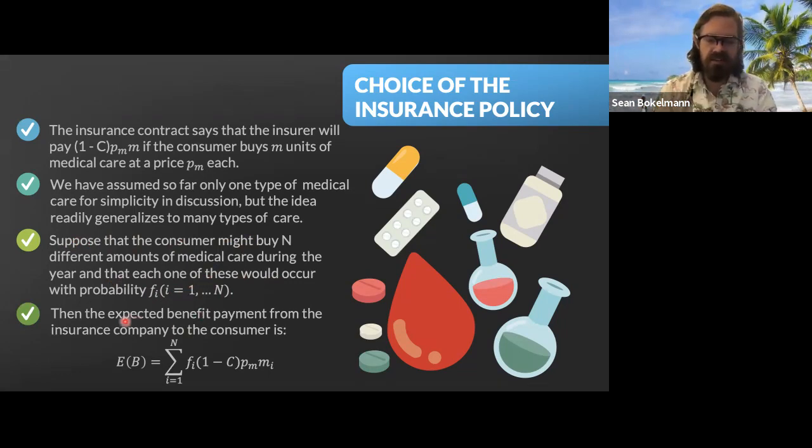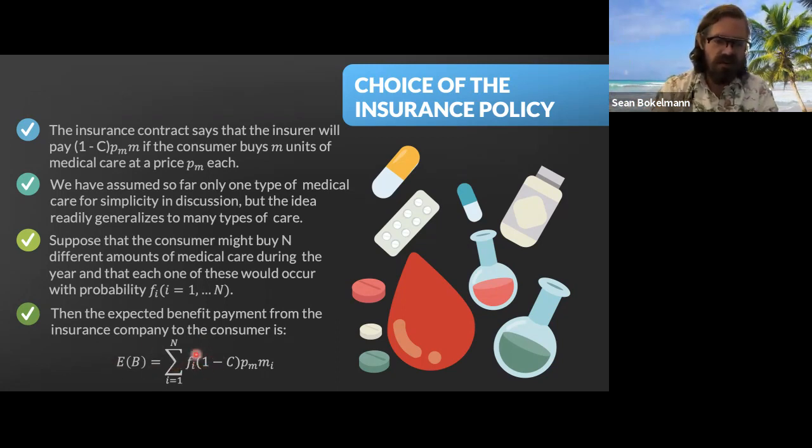We can calculate the expected payout, or the expected benefit payment, from the insurance company. This is just a pretty simple expected value calculation. This is basically what we just did a second ago, but expanding the idea to many types of medical care, sorry, not insurance.